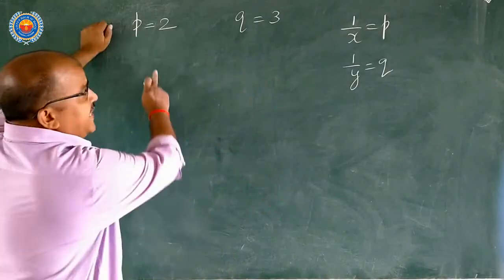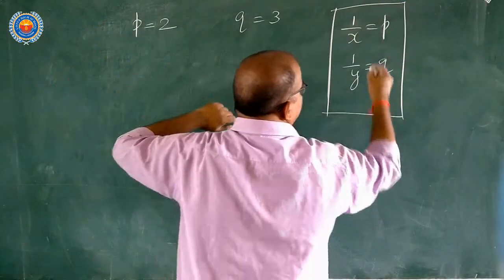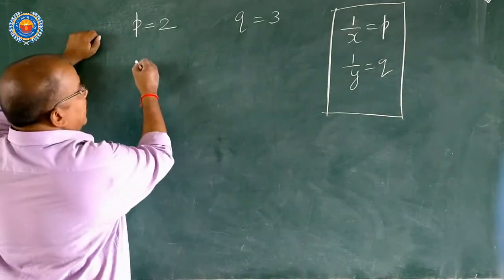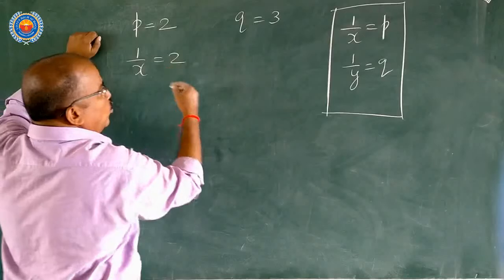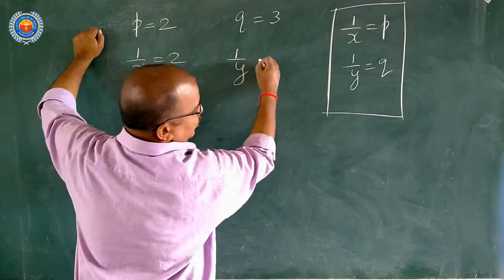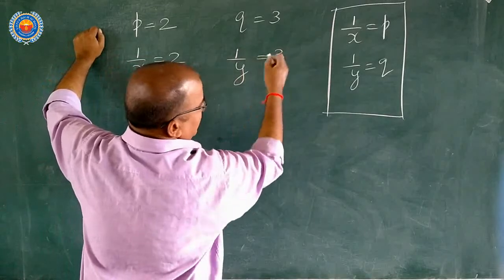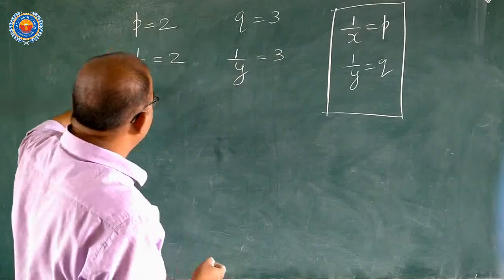So actually what is p? First we substituted 1 by x is equal to p. That's why here p is nothing but 1 by x, which is 2. Q is nothing but 1 by y, which is equal to 3.